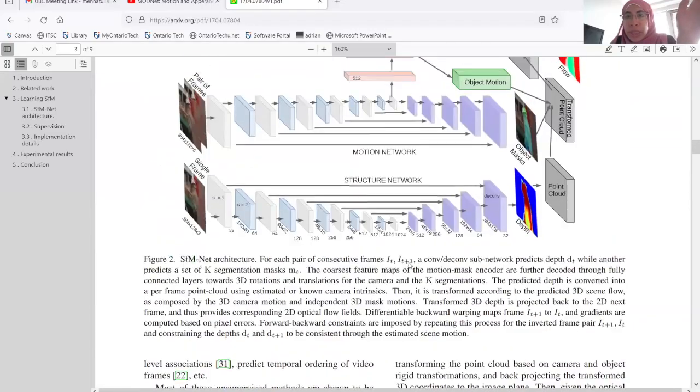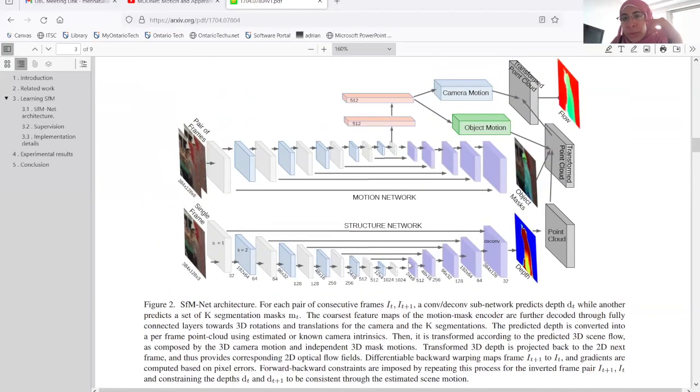I'm not going to go through the details of the work. I'm just giving you a motivation on why understanding these concepts can help people who want to work in geometry and in computer vision with deep learning.